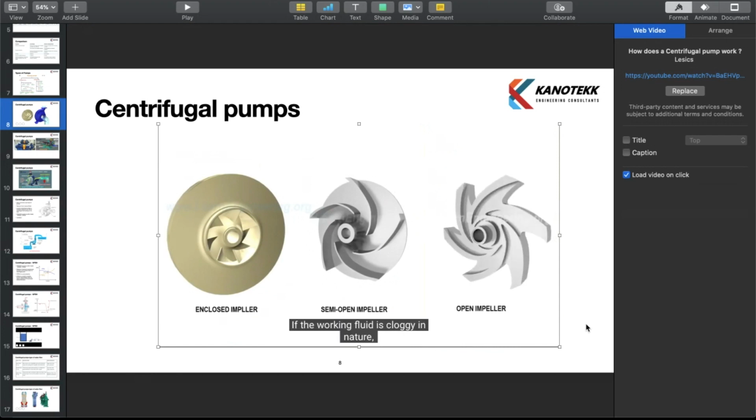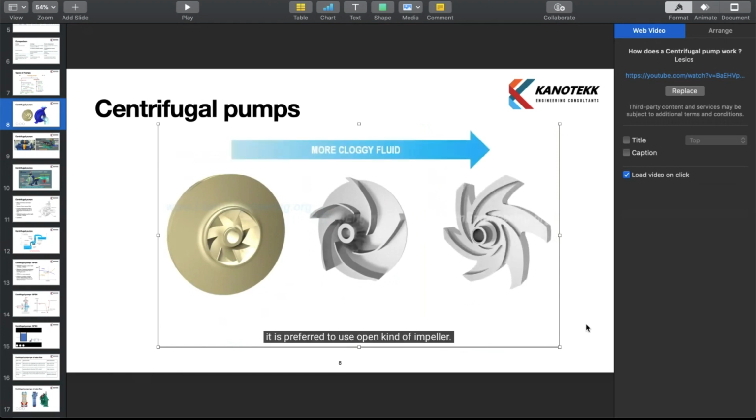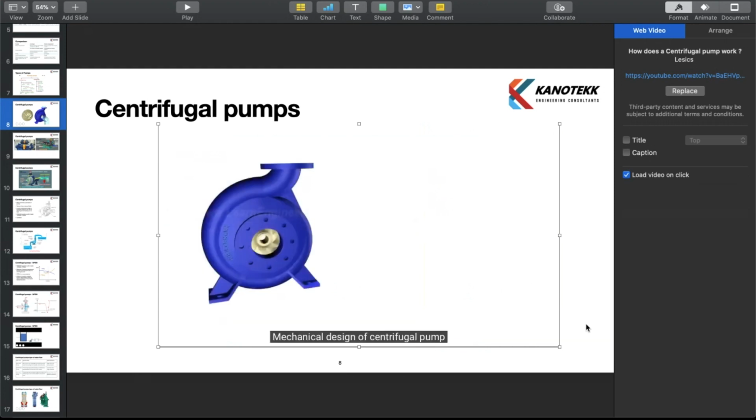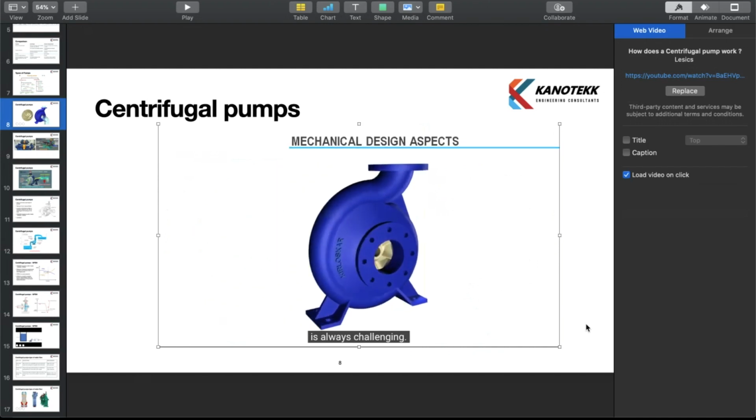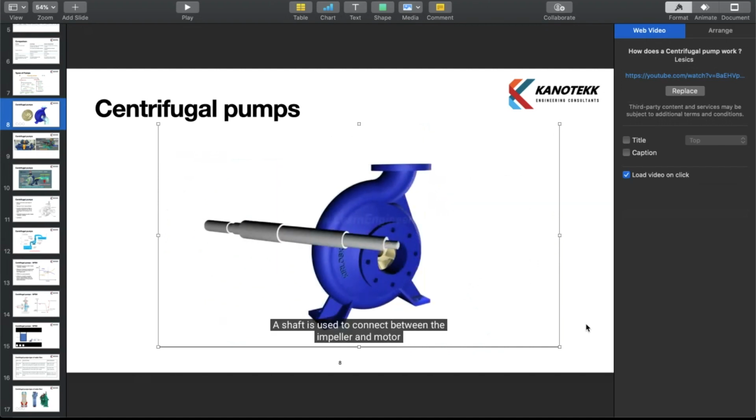If the working fluid is cloggy in nature, it is preferred to use an open kind of impeller, but they are slightly less efficient. Mechanical design of a centrifugal pump is always challenging. A shaft is used to connect the impeller and motor.